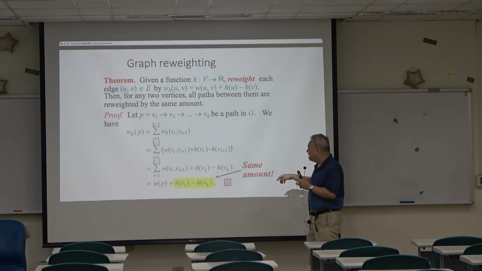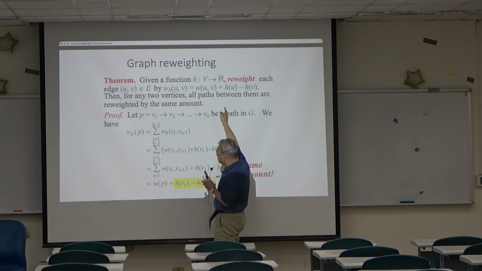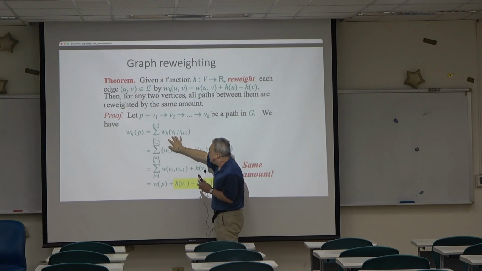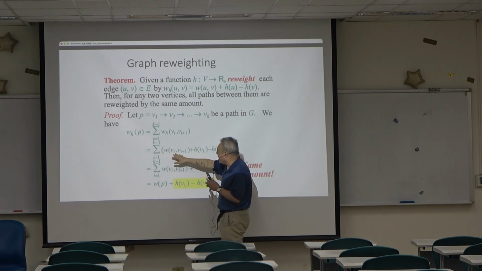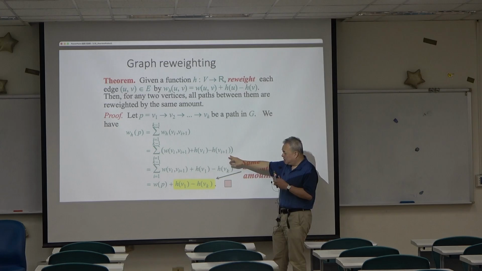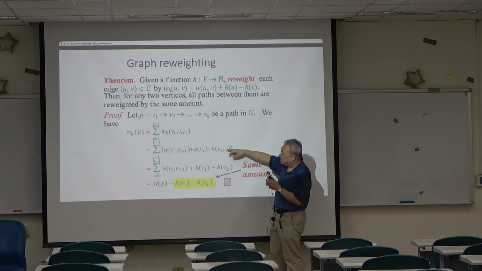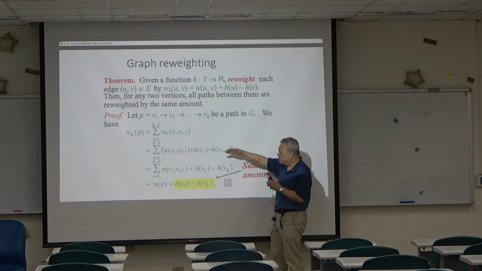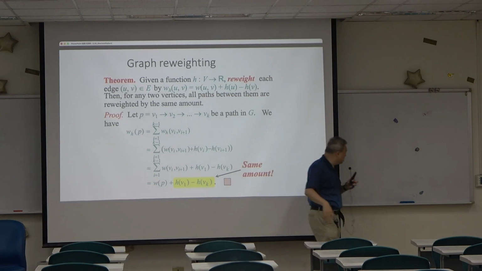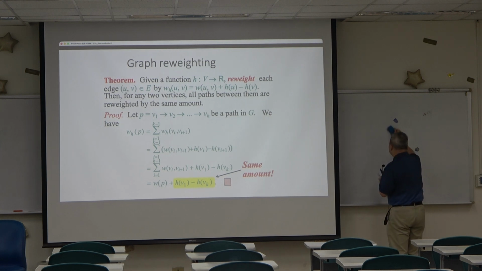According to our reweighting, each of them will be w(v_i,v_{i+1}) plus h(v_i) minus h(v_{i+1}). And you will find that each term cancels out the others. Let me use a figure, that's probably easier to explain.